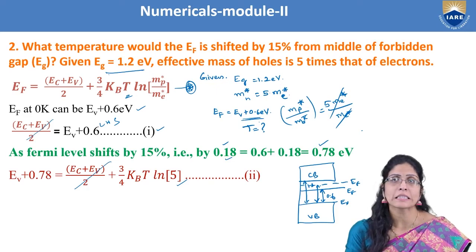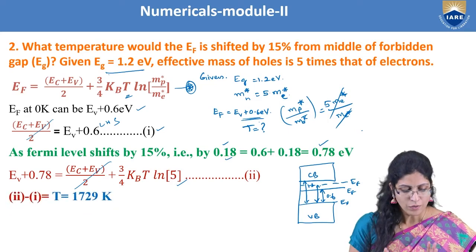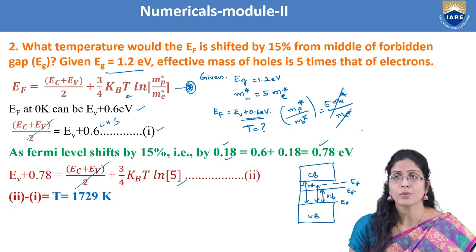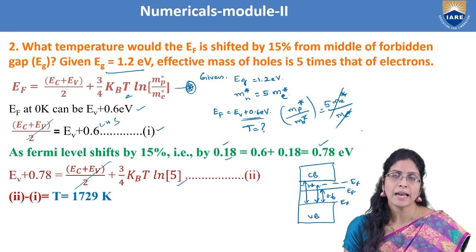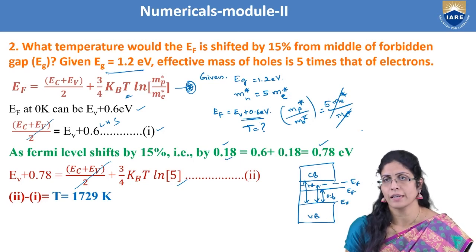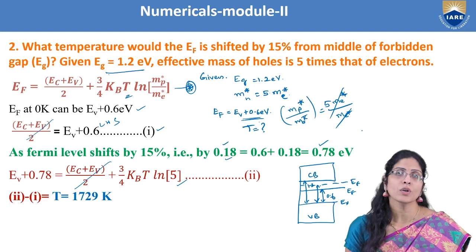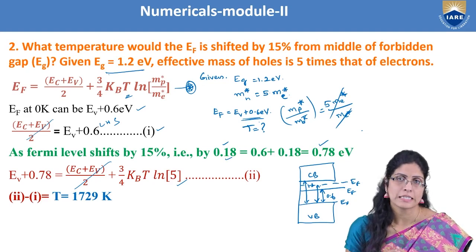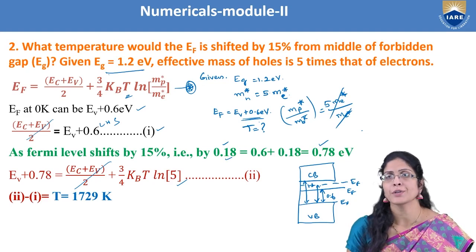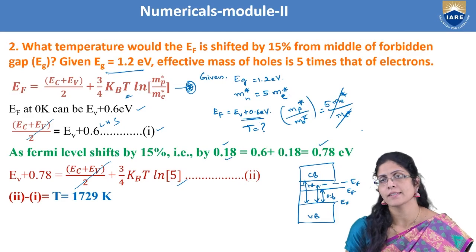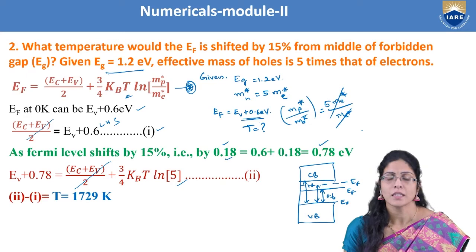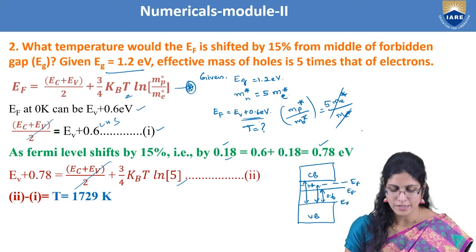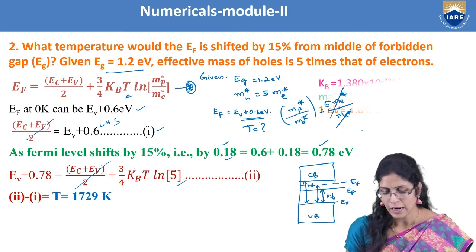And then you are left with 3 by 4 kB, you know the value. So now what is it that you need? You need T. So if you want T, subtract 2 from 1. Okay. So you will be left with a simple calculation where you can end up with the answer of T as 1729 Kelvin.